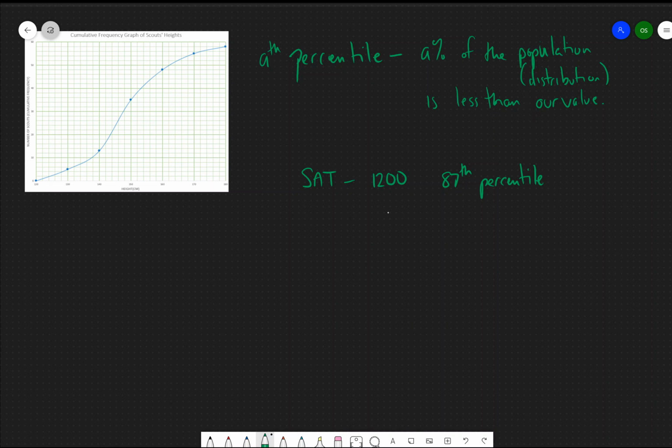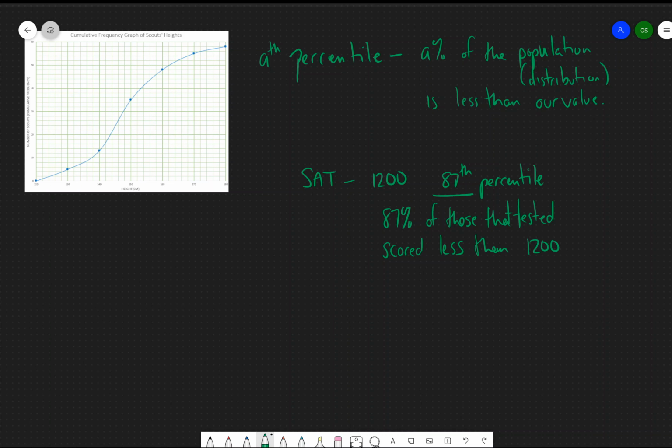So what does that mean? 87% of those that took the test scored less than 1200. That's what that percentile means.